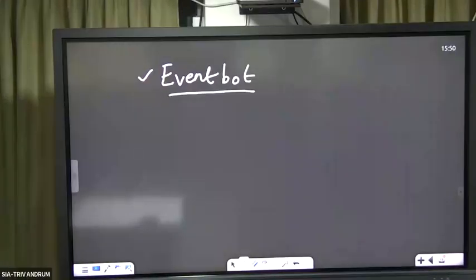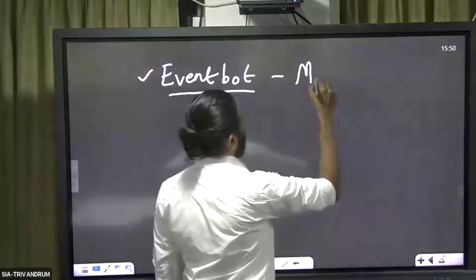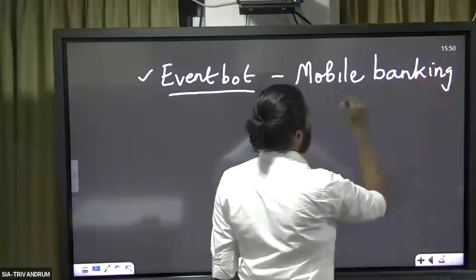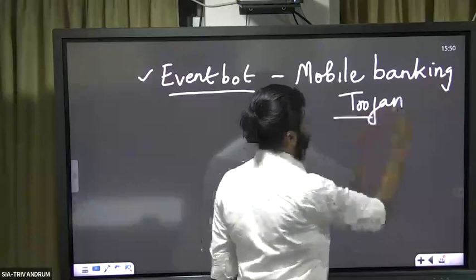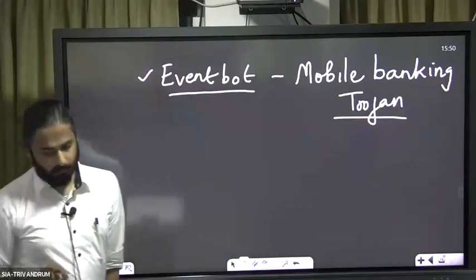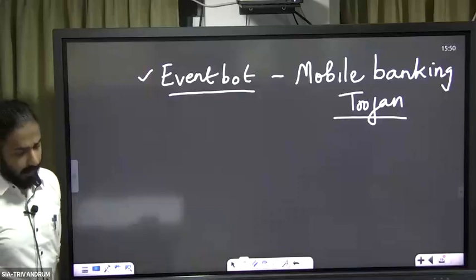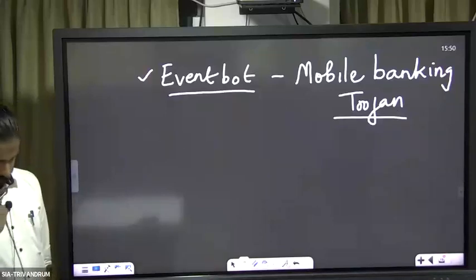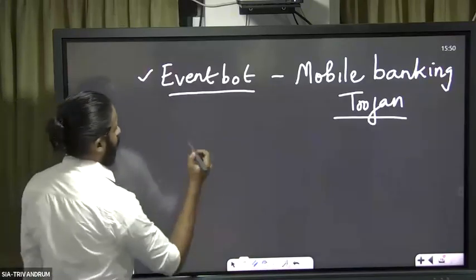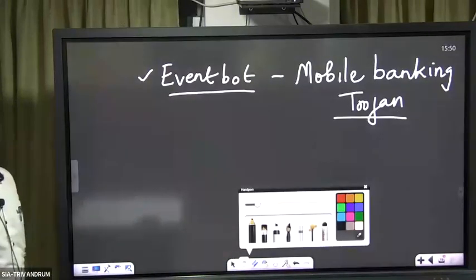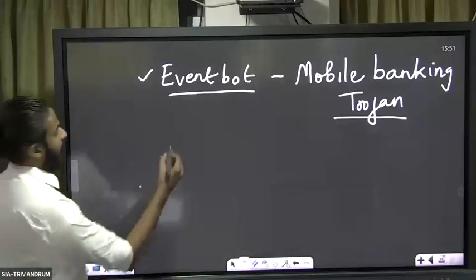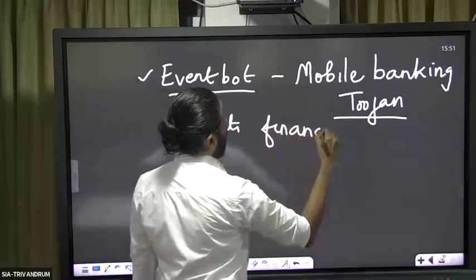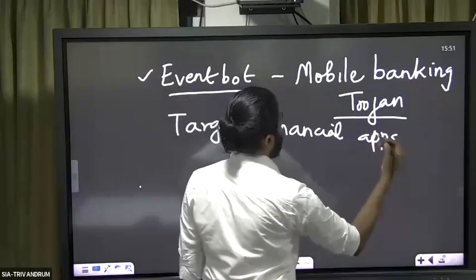EventBot is a mobile banking Trojan. It targets financial applications in the phone and steals data.